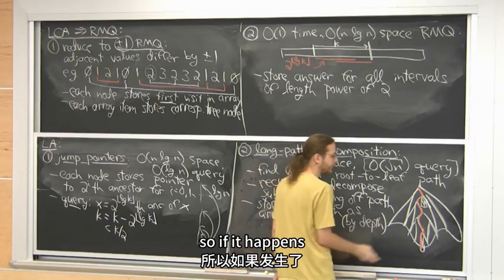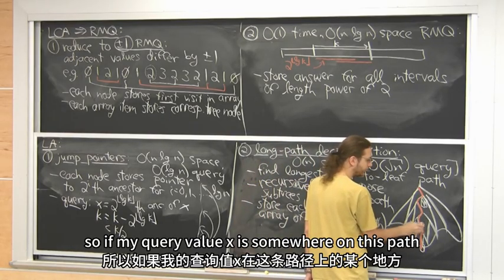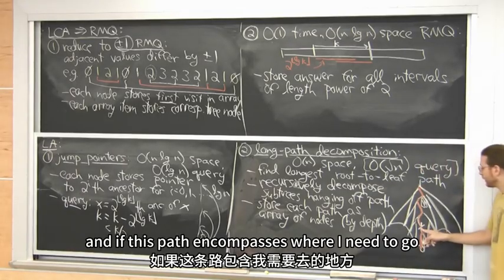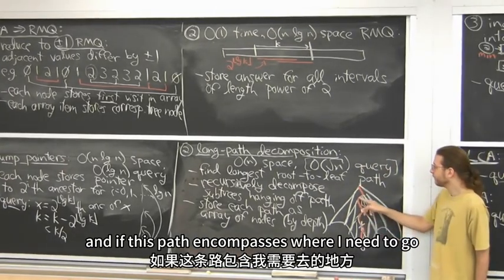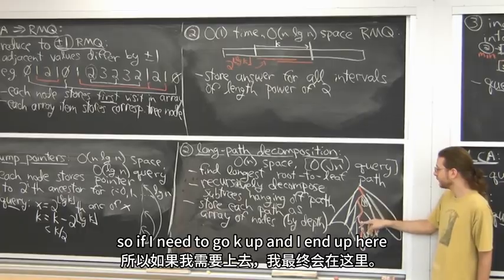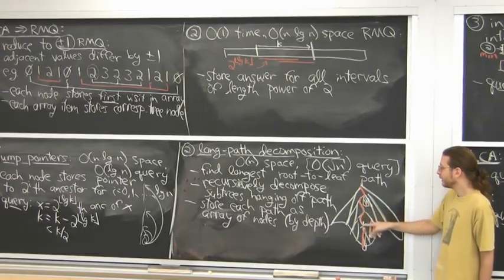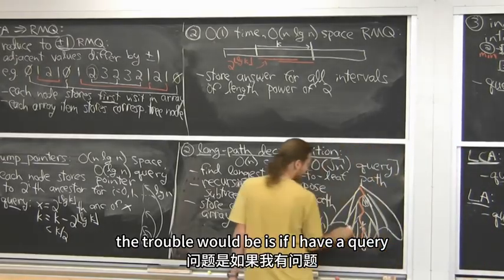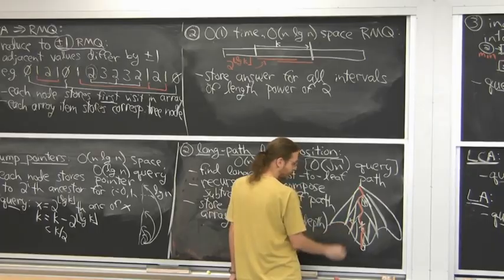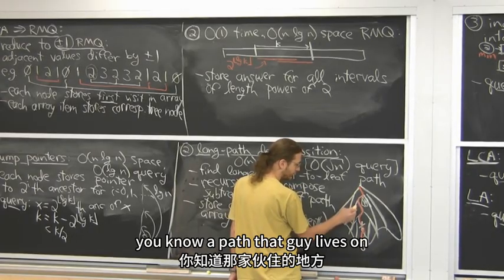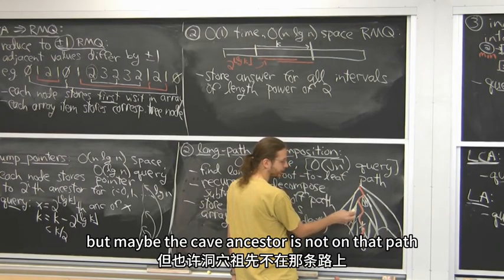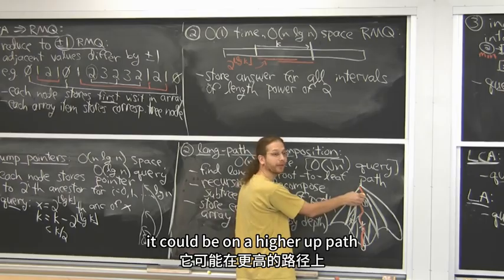So if my query value x is somewhere on this path, and if this path encompasses where I need to go, so if I need to go k up and I end up here, then that's instantaneous. The trouble is if I have a query, let's say, over here, and so there's going to be a path that guy lives on, but maybe the kth ancestor is not on that path, it could be on a higher up path.